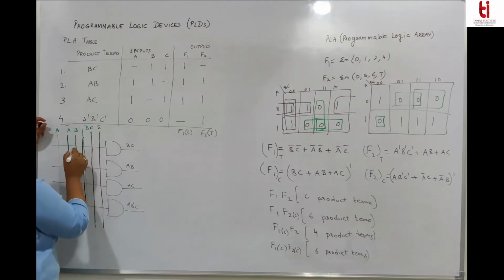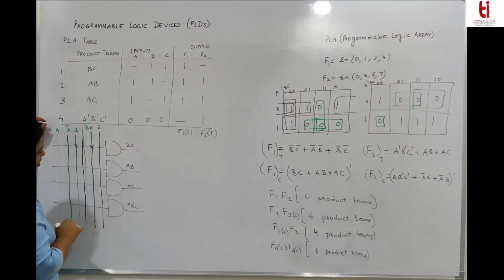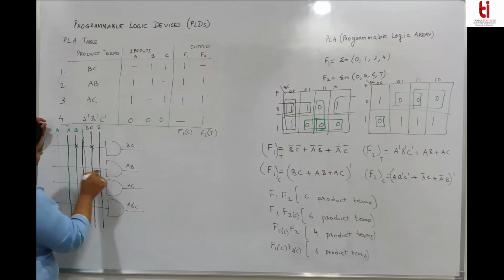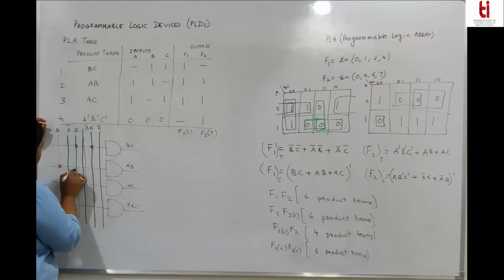We have B and C. B, C. Rest of the fuses are blown off. A and B, A, B. Rest of the fuses are blown off.